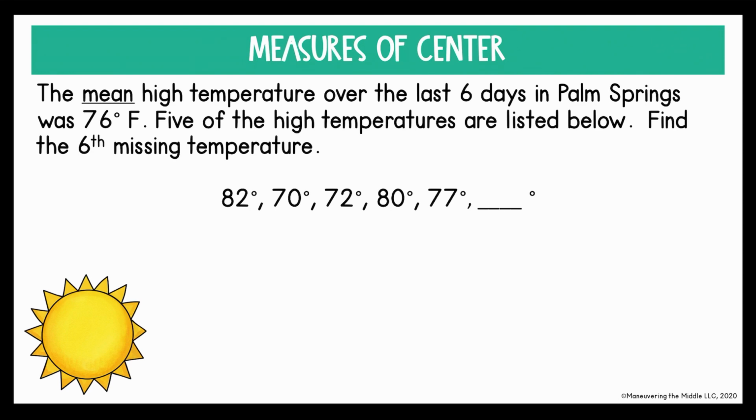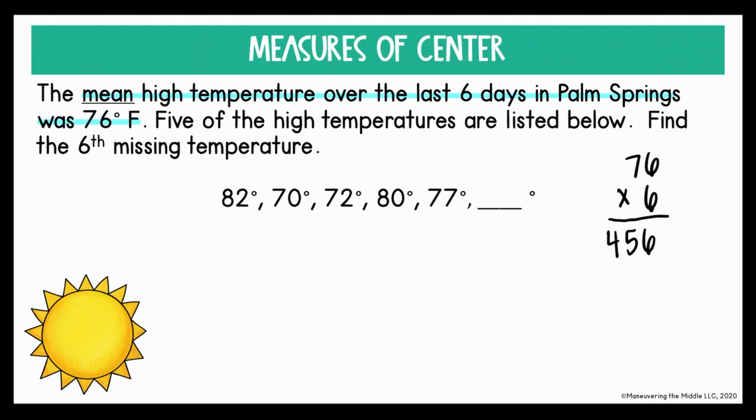That's how we would find the mean. But this time, it actually gave us the mean. So if you look here, it tells us the mean is 76. It wants to know what's missing. So when I do that, I know that if I undid the mean, I could take 76 and multiply it by 6, because that's how many days we're looking at. I'm going to get 456. So that essentially is the same as adding everything up and dividing by 6.